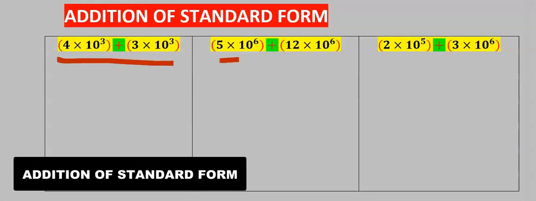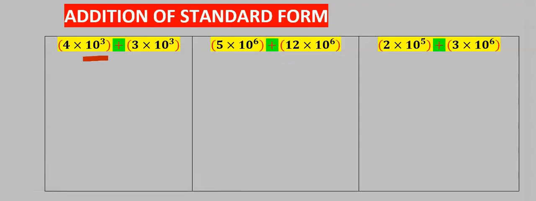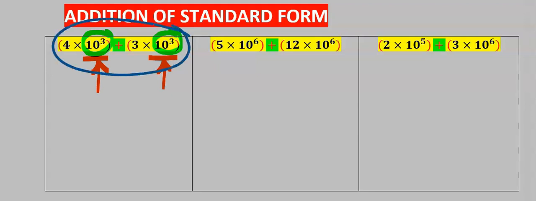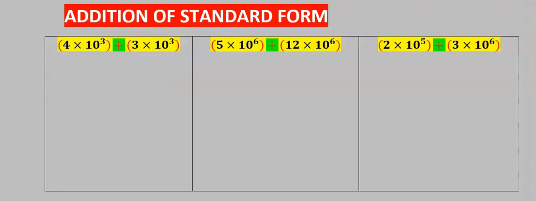Let's consider the addition of standard form. To add standard form, the powers of 10 must be the same. Because these are the same, I'm going to go ahead and solve this problem. Step 1, I'm going to add the numbers.